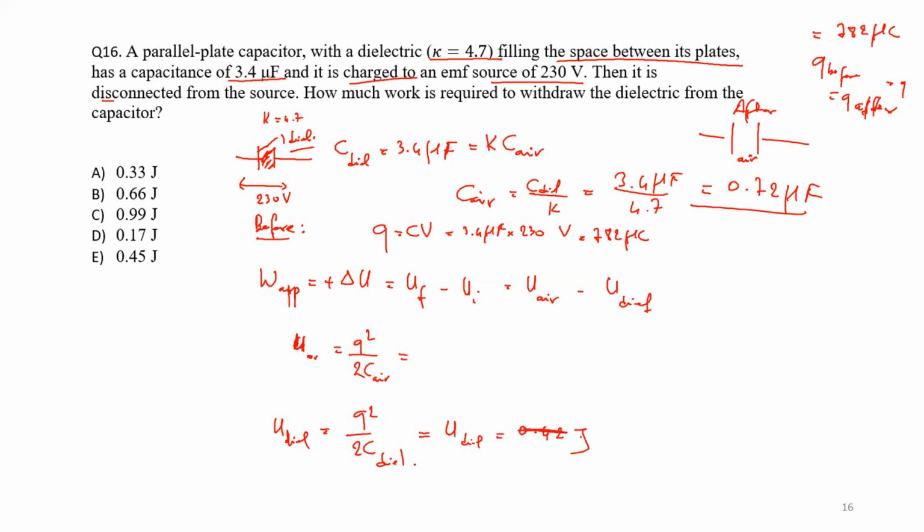No, sorry, U dielectric, I get 0.09 joule. And UA, I have 0.42 joule. And work applied is 0.42 minus 0.09. This gives me 0.3 joule. So the solution is this. Okay.